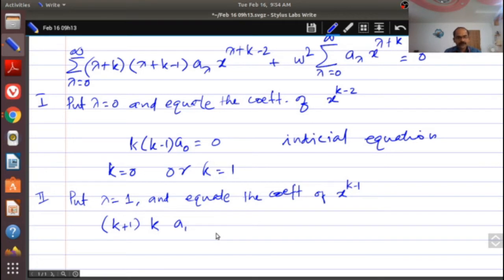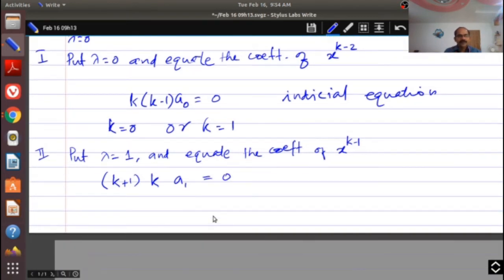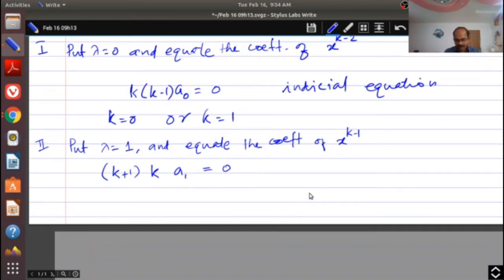So this is going to be 0. Here, you actually say the other way: set a1 equal to 0.